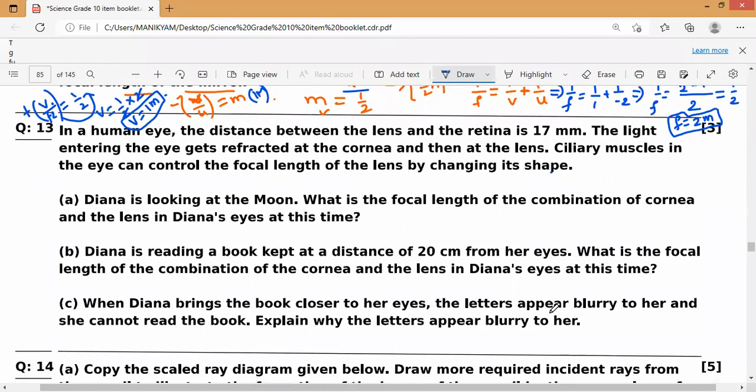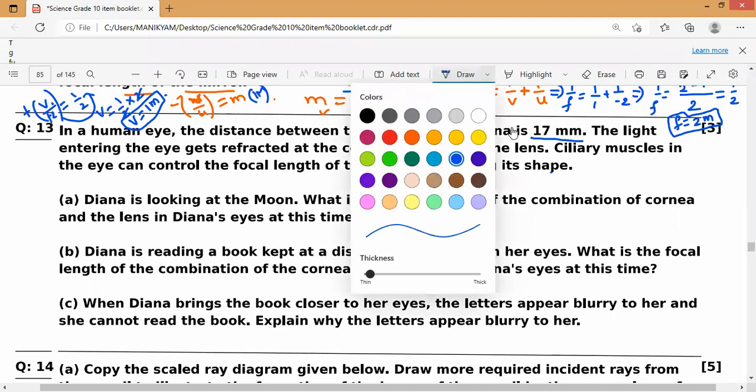This question has parts A, B, C, D. So three points are there. It's a 3 mark question. All of you read the question. A human eye, the distance between the lens and the retina is 17 mm, which means 17 millimeters.